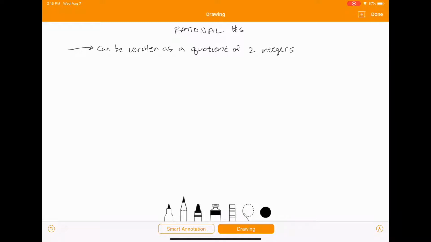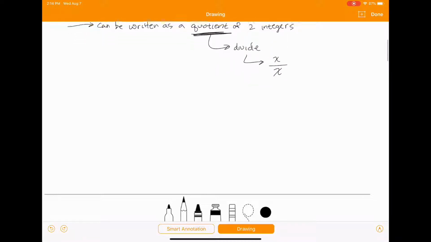So the word quotient also means divide, which we all know that fractions are just another way of writing division. So fractions are rational numbers.